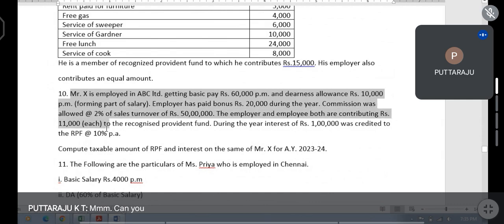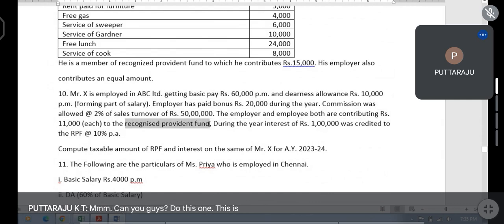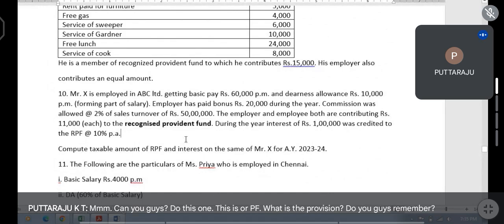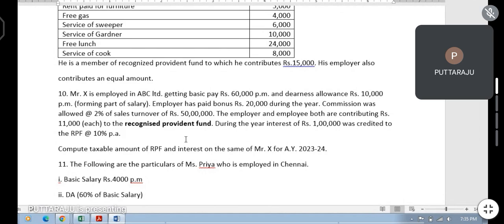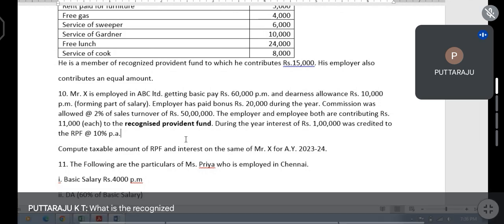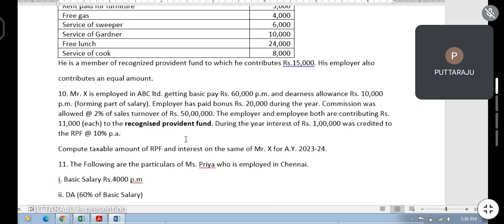Can you guys do this one? This is RPF. What is the provision? Do you guys remember? What is the recognized provident fund? Contribution to recognized provident fund, what the provision says? You guys have forgotten.